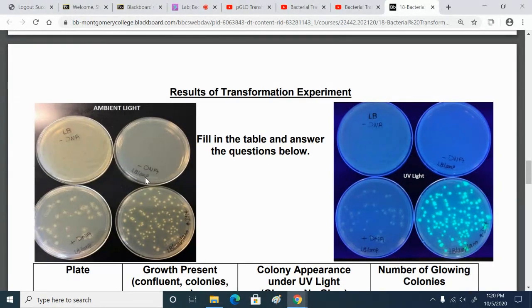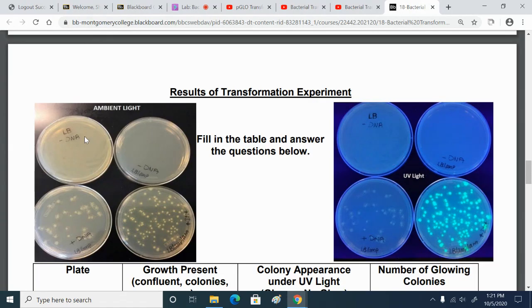Because there's no antibiotic. Oh no, there's lots of antibiotic. Right? The amp means that there's ampicillin in this plate, and there's no growth. So what does that mean? Did the antibiotic kill the bacteria? You're right. The antibiotic killed the bacteria.